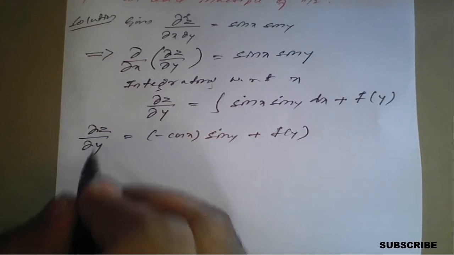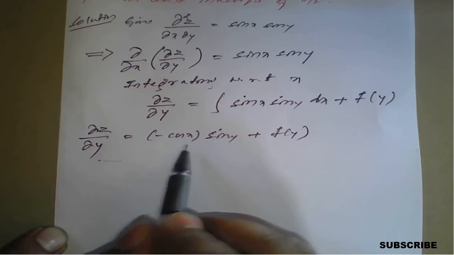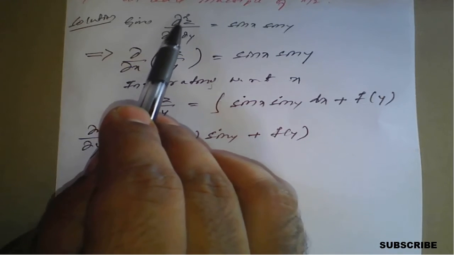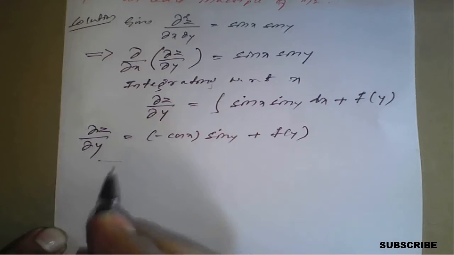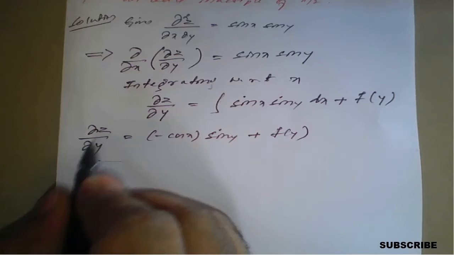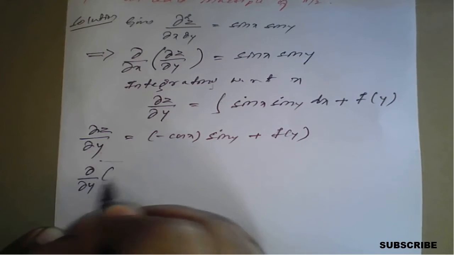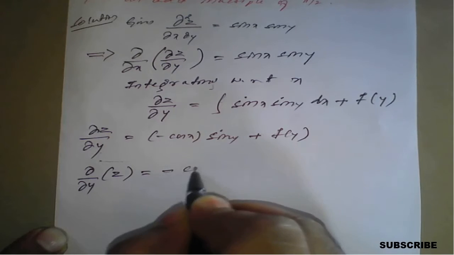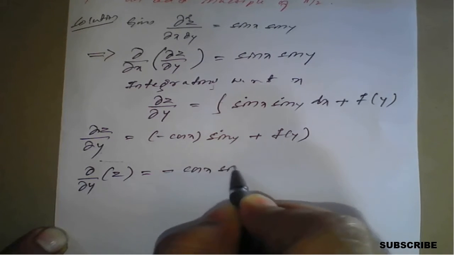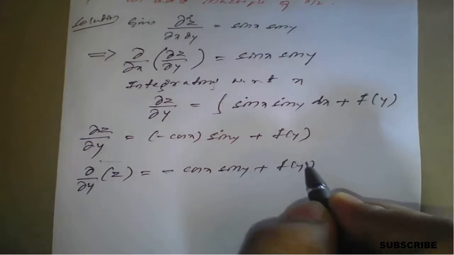This is our first integration. Since it was a second derivative, we have to reduce it again by integration. So I rewrite ∂z/∂y as ∂/∂y of z equals minus cos x sin y plus f of y.